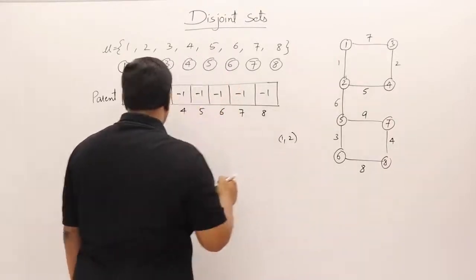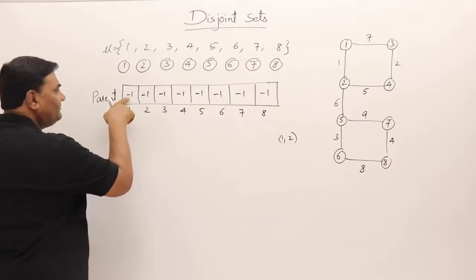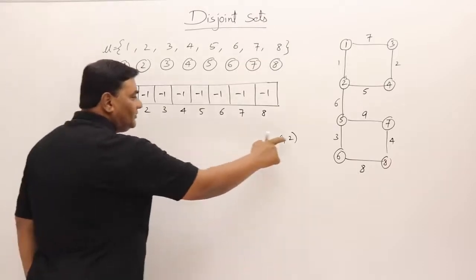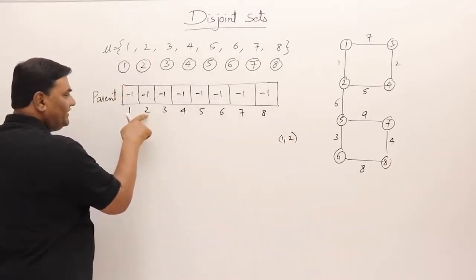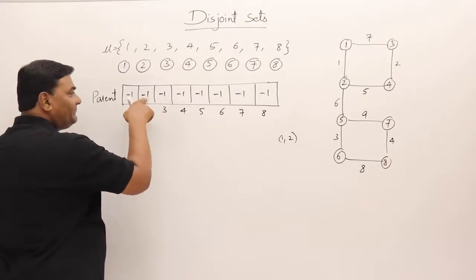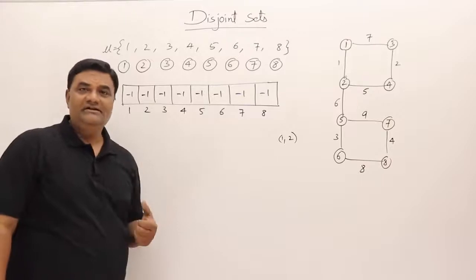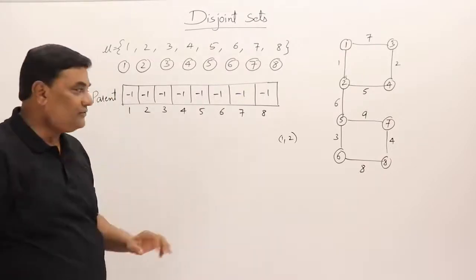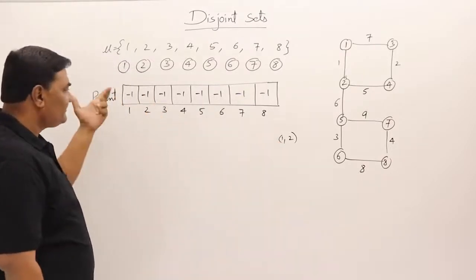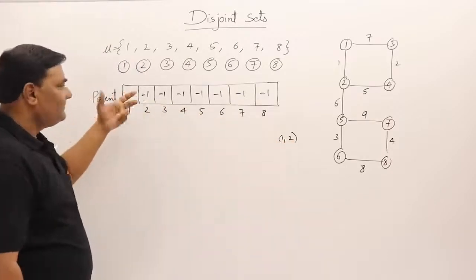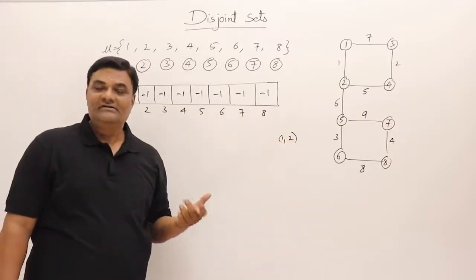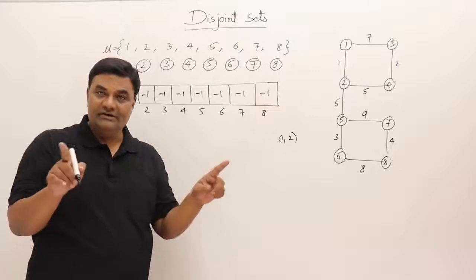Who is the parent of 1? -1. Itself. Find 2. Go to index 2 and see what is there. -1. So who is the parent of 2? Itself. So how much time has it taken for finding 1 and finding 2? Find 1, it's -1. Find 2, it's -1. So constant time. So they belong to 2 different sets.